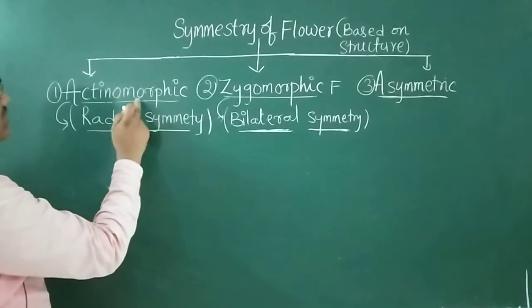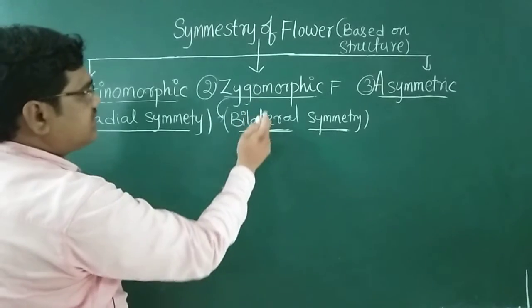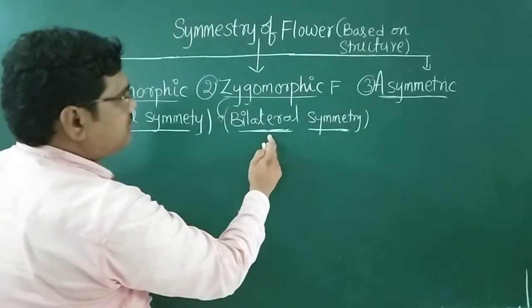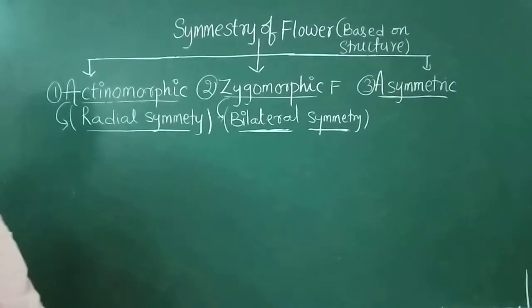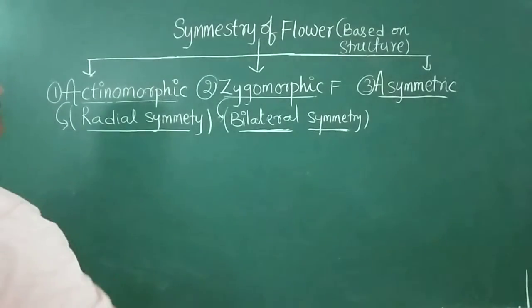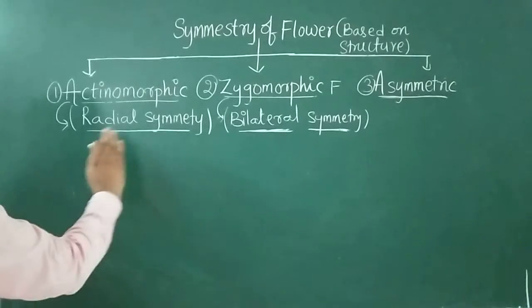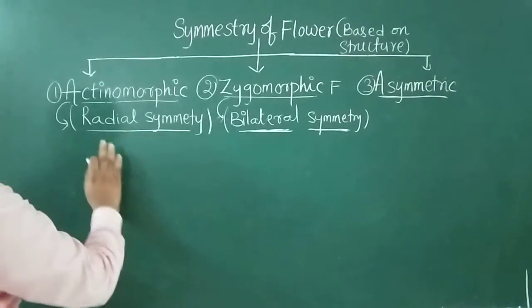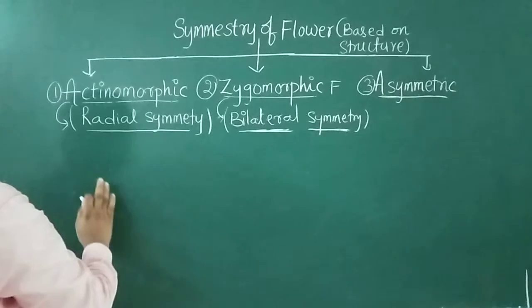Actinomorphic flowers are similar to radial symmetry, zygomorphic flowers are similar to bilateral symmetry. The third one is asymmetric flowers. There is no symmetry in asymmetric flowers. Now, one by one I am going to explain, starting with actinomorphic flowers.